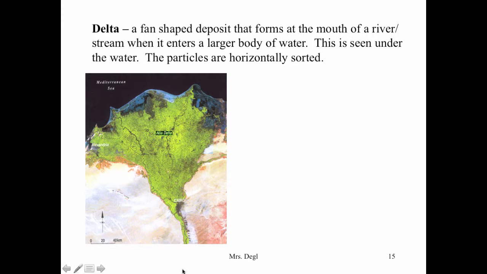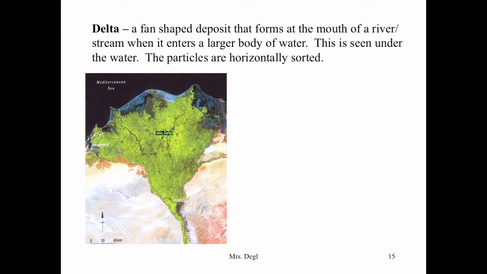So we have this river, and it's entering into the sea, so it starts to slow down. As it slows down, it starts to drop the particles, obviously dropping the bigger ones first, and then as you move out, the smaller ones. When the water hits it, it moves in all directions, creating this fan shape, kind of like an upside down triangle that looks like the delta sign in the Greek alphabet. So that's what a delta is.